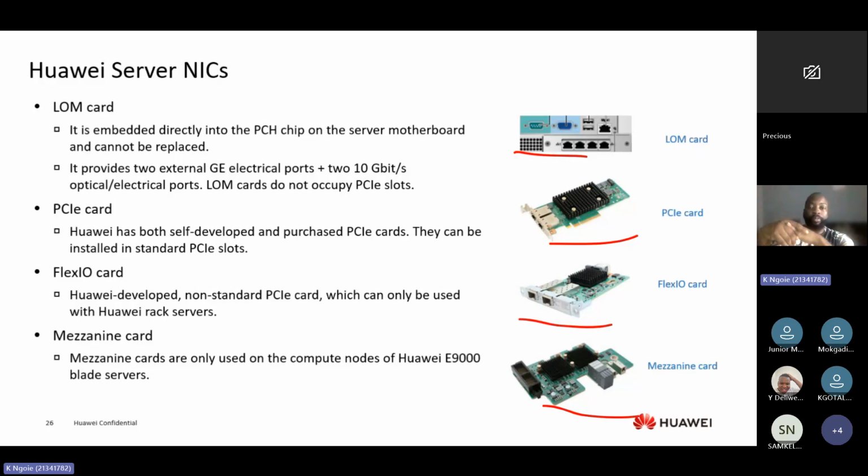What you need to understand is that these devices help control what's happening over the network. For Huawei servers, the types of NICs we have are the LOM card, the PCIe card, the FlexIO card, and the mezzanine card.